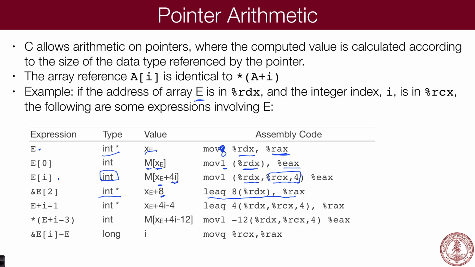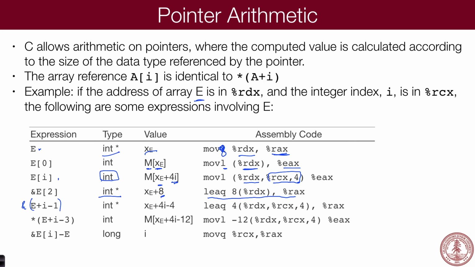Try me. How would you do the address of this one? So if you wanted to find the address of this whole thing, this one, is that what you mean?